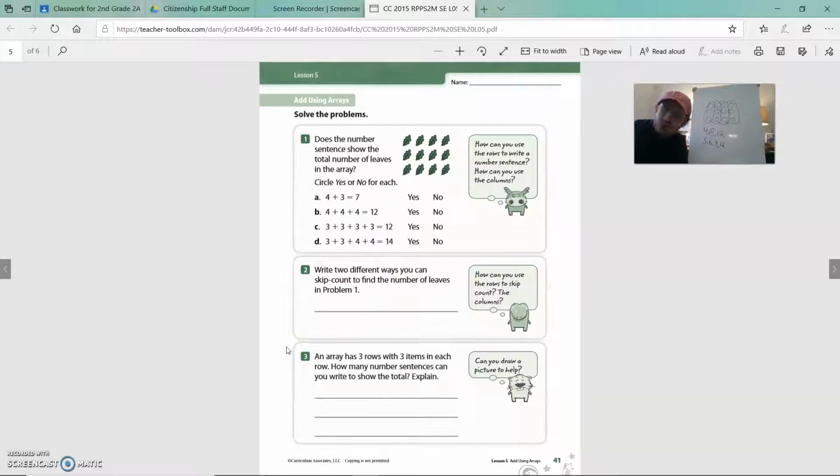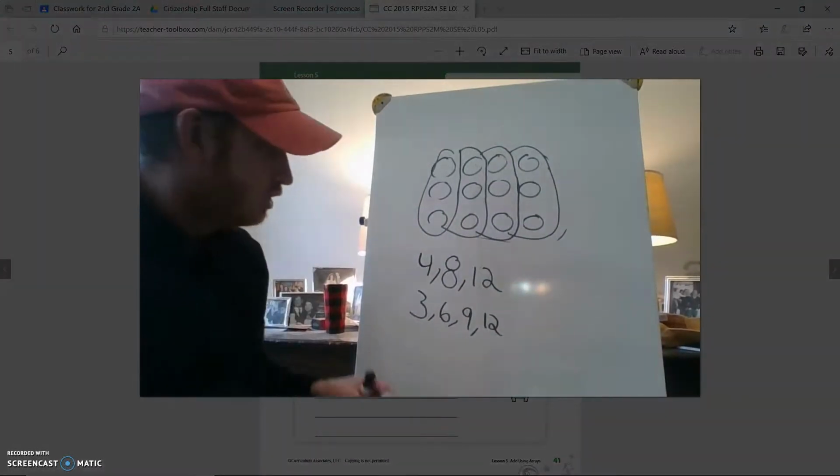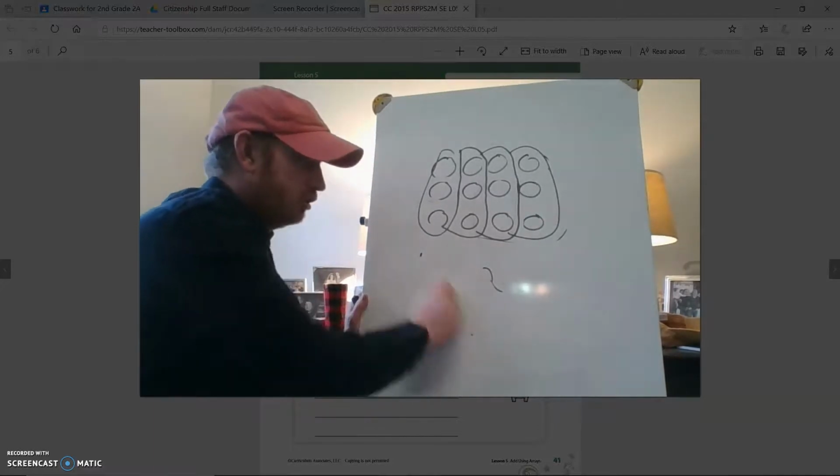Let's move on to our last question, number 3. An array has 3 rows with 3 items in each row. How many number sentences can you write to show the total? Explain. Okay. So we're going to have to draw a new picture.